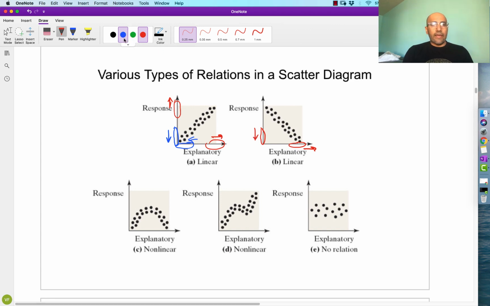If we input smaller and smaller values as we go this way, the outputs get larger and larger. So when the relationship between these two variables is described this way through a scattergram, we say that they have a negative linear association.